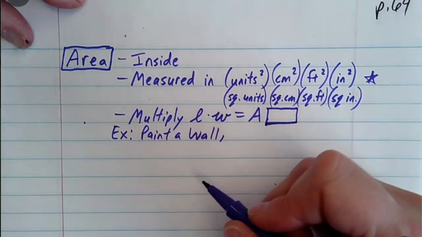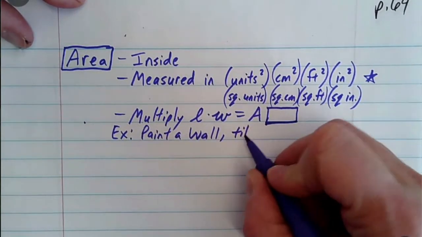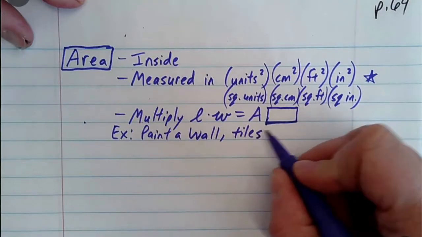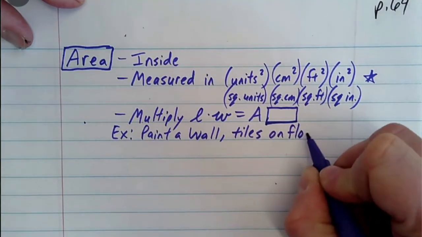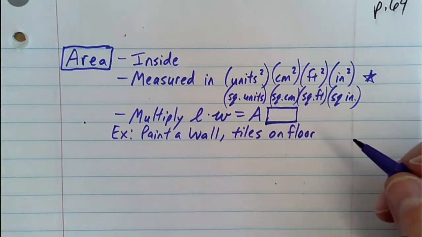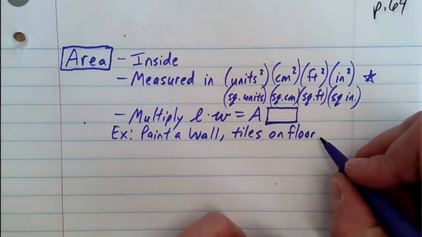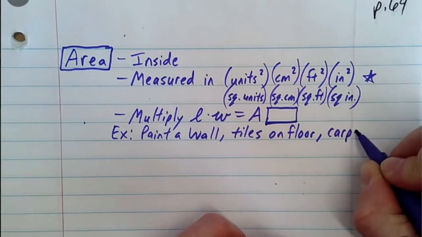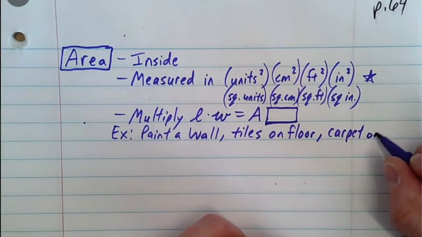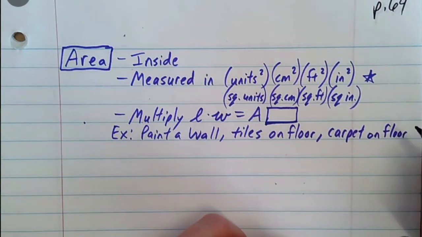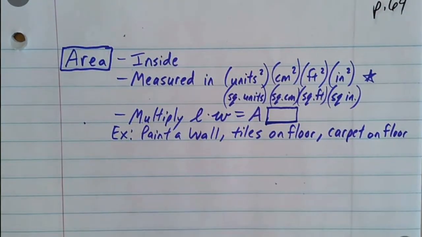If you're going to put tile on the floor, you'll tile the entire floor. You won't just do the outside because that's perimeter. If you were to put carpet, you want to carpet the entire floor, not just the outside.